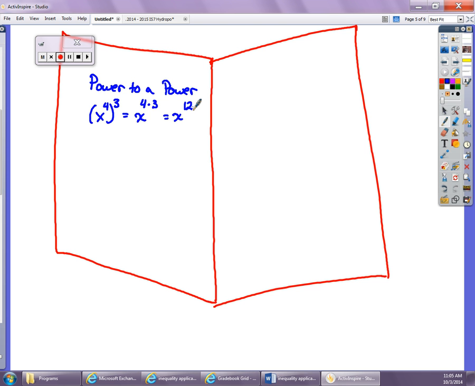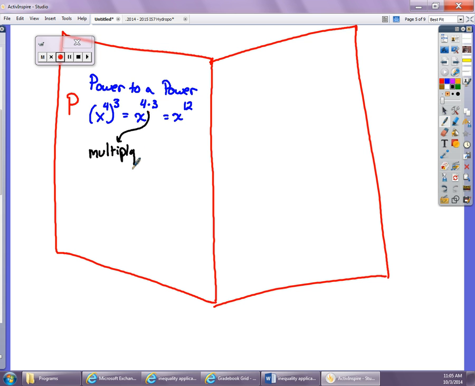What we have to think here is when we have a power raised to a power, we actually multiply these numbers. So we go one step down. If it's a power to a power, we multiply the exponents.